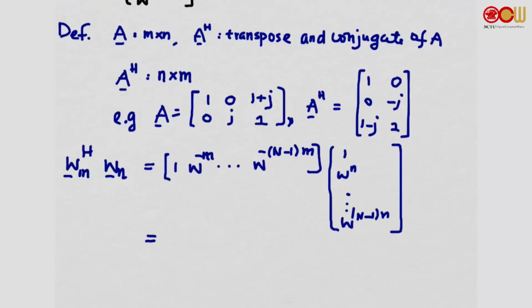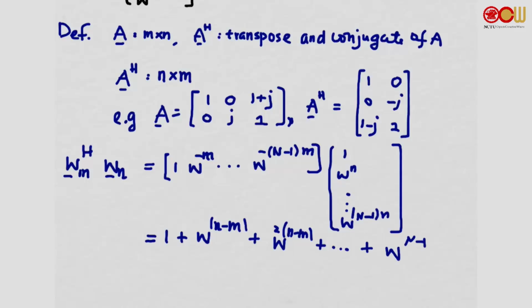What does the product amount to? If we multiply the first term by the first term, we get 1, and then the second terms together we get W^(n-m), and the following term will be W^(2(n-m)) all the way to W^((N-1)(n-m)).